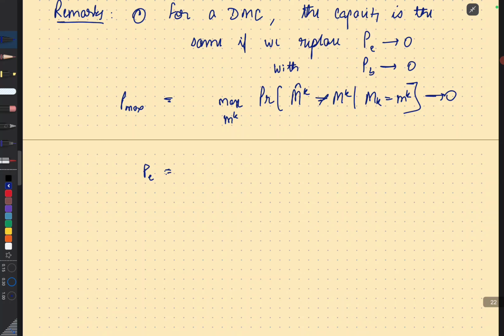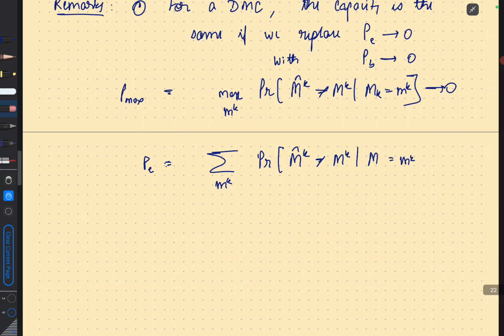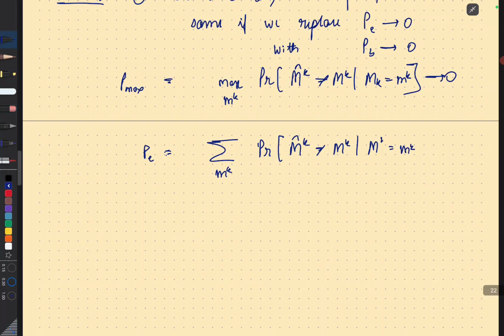It is equal to the summation over all possible messages of the probability that the decoded message is not equal to the true message, given that this particular message was transmitted, times the probability that that particular message was transmitted.